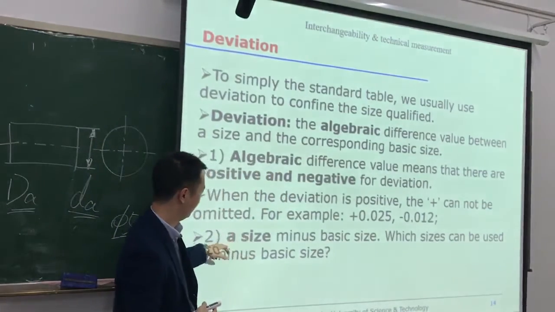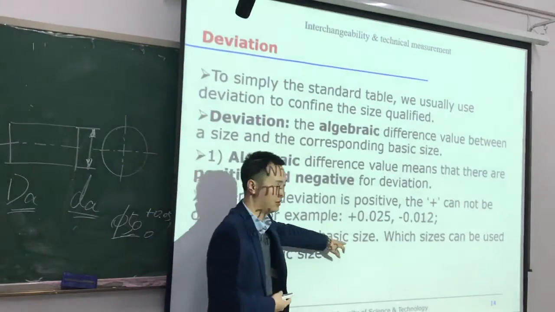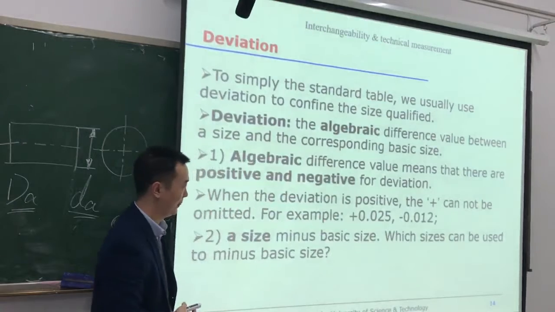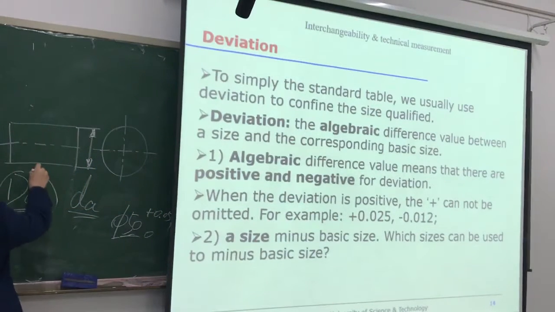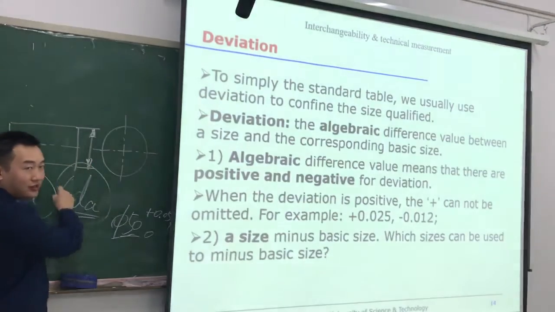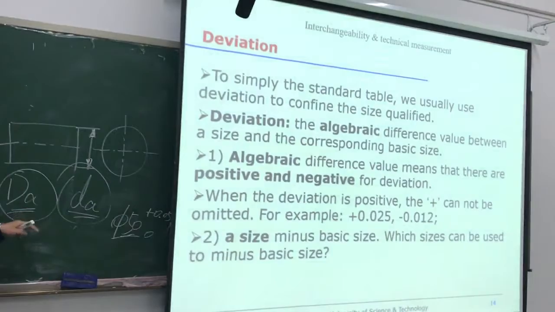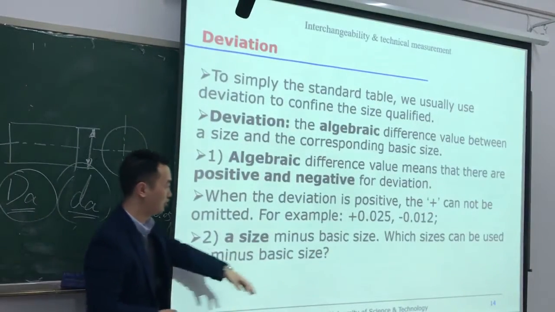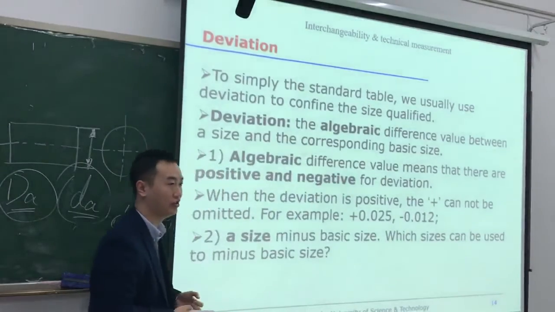Which size should we use to minus the basic size, do you think? We have just introduced this one, right? This is the actual size. We can use the actual size to minus the basic size to get the actual deviation, right?